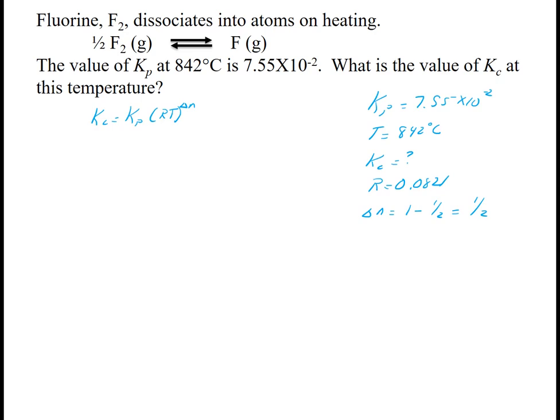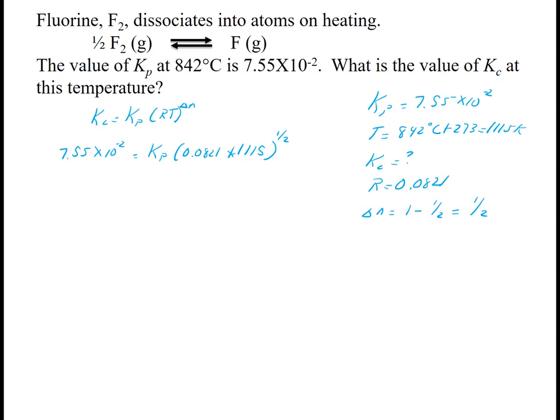So I have 7.55 times 10 to the minus 2 times the quantity 0.0821 times, oops, I forgot to add the 273, to get 1115 K, and to the 1/2.